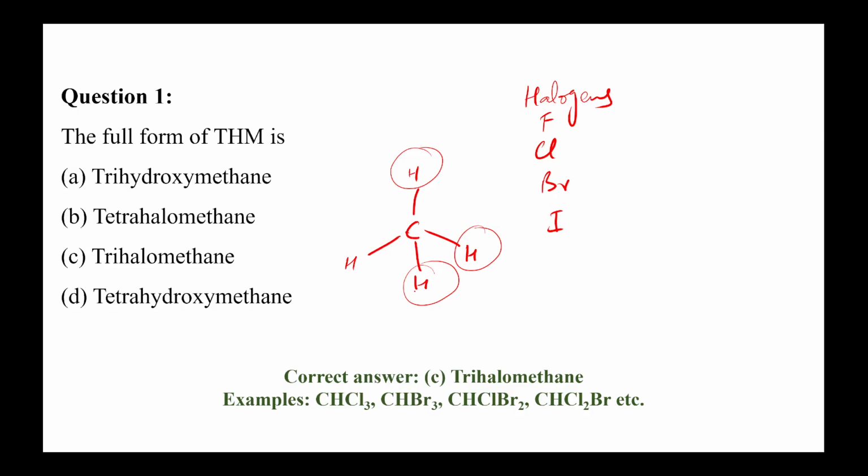Like if these hydrogens are replaced with chlorine, then you will get CHCl3. If replaced with bromine, then you will get CHBr3, and so on. If one hydrogen is replaced with chlorine and 2 with bromine, you will get the molecule CHClBr2. So you can get different kinds of trihalomethanes. Basically, it means that it has 3 halogen molecules attached to a methane molecule.